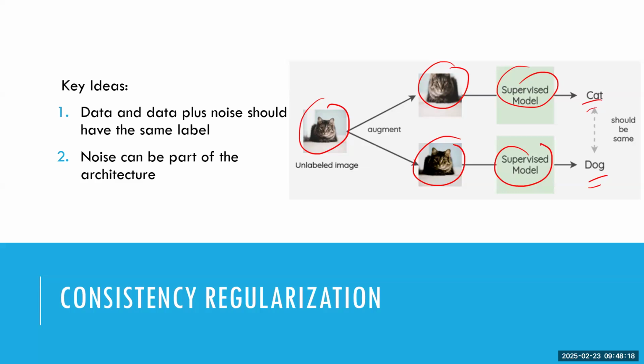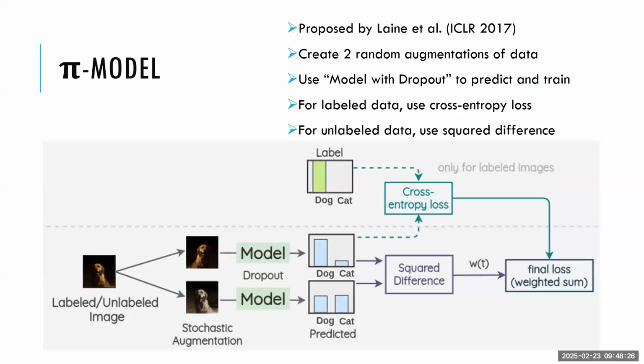So how should we use this idea to perform semi-supervised learning? In 2017, we have the pi model. Now, the pi model uses two random augmentations of the data, and then we use a model with dropout.